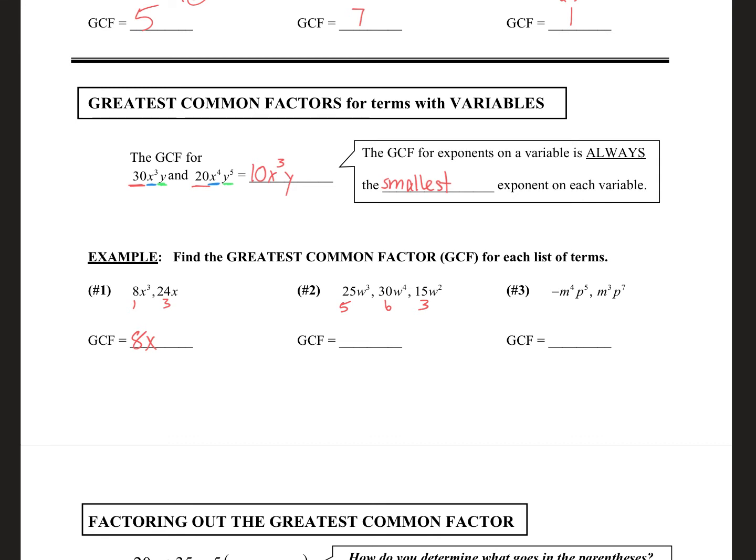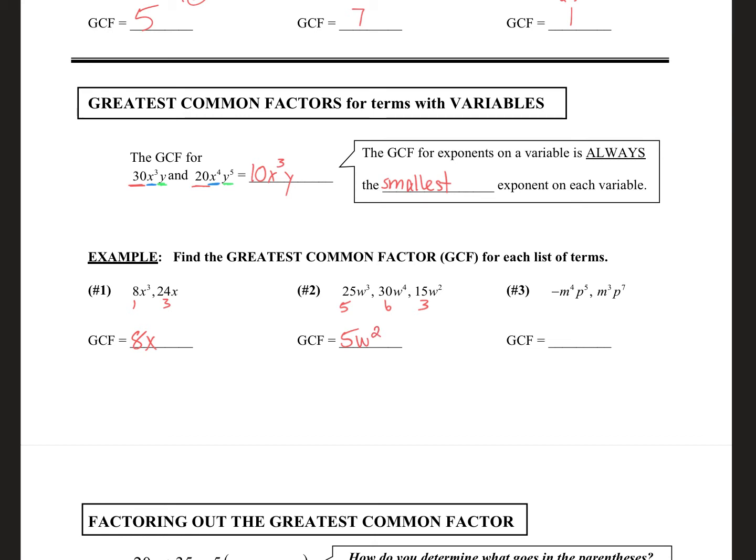Okay, so if that's not immediately obvious to you, I would recommend just writing out the factors of each of those numbers there. And then that means the greatest common factor is 5. Okay, and then let's take a look at the variables. So we have w cubed, w to the fourth, and w squared. So w squared is the smallest, so that's a part of our GCF.